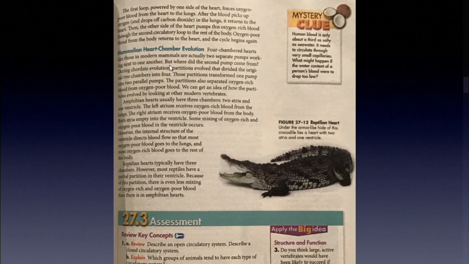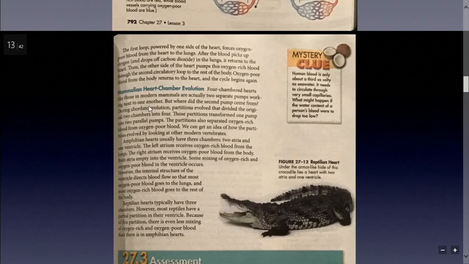But either way, you can see the progression of going from a simple heart all the way up to a 4-chambered heart. And believe it or not, there's actually a 3-chambered heart. So amphibians, those organisms that live on land and water usually, they'll usually have 3-chambered hearts.